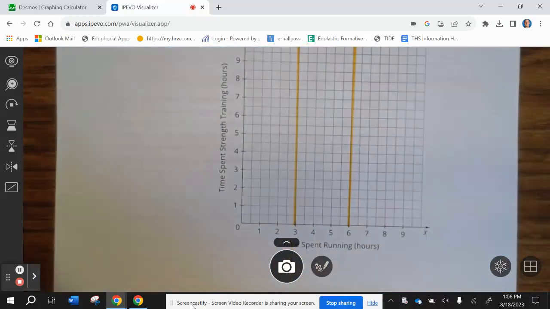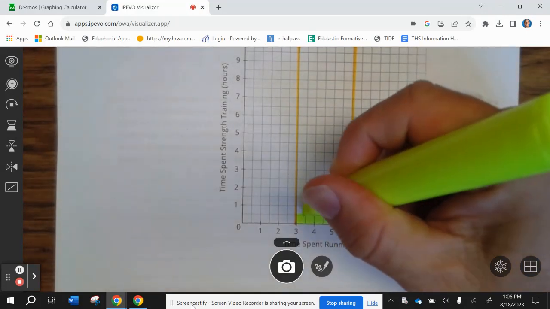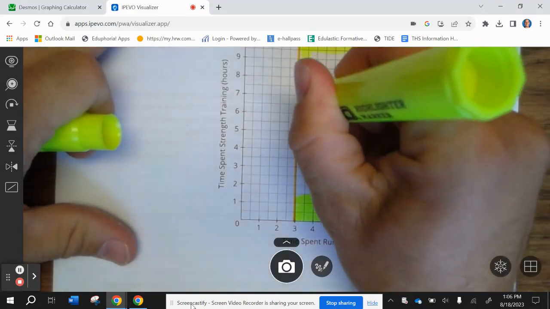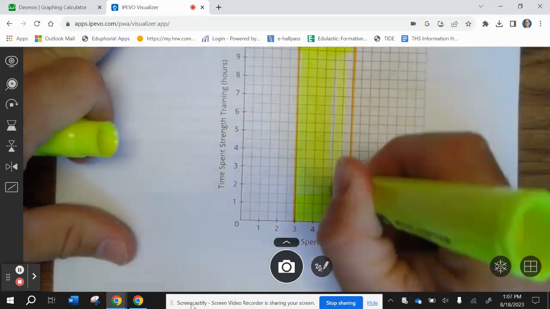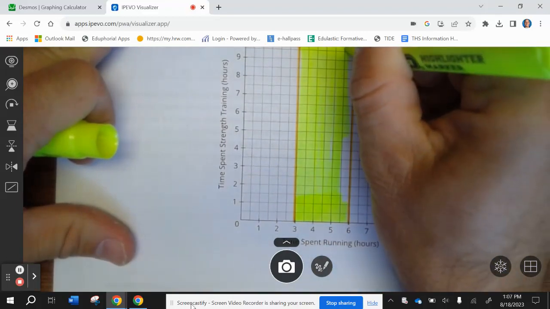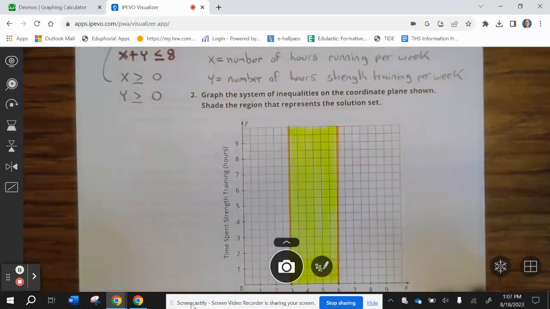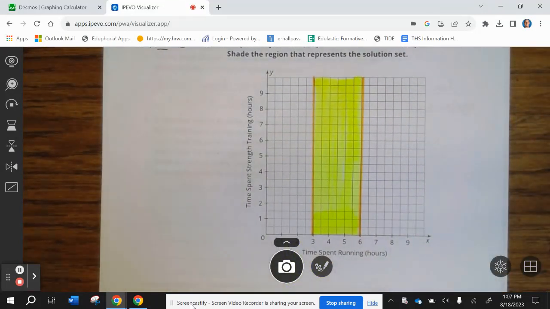And it's between, so you're going to shade between.